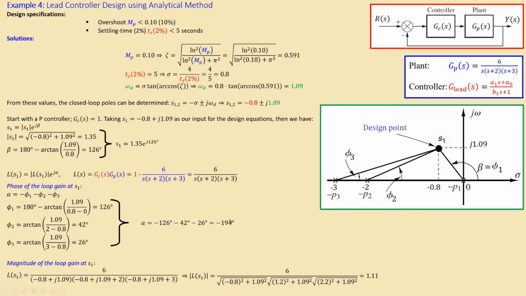Now if I combine the angle and also the length in this expression, I have now in total this expression for my loop transfer function. So I have now determined the necessary parameters to continue in the next phase. So let's look at the next steps. The next step is actually to determine the lead control parameters A0, A1 and B1.